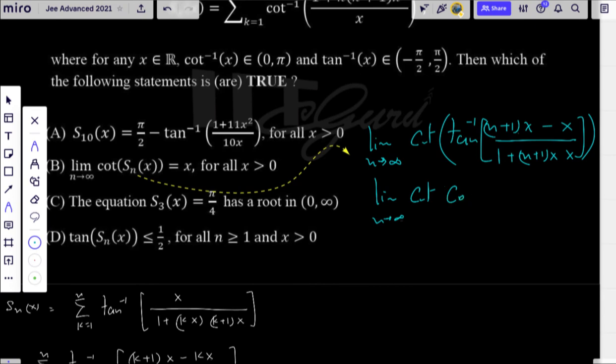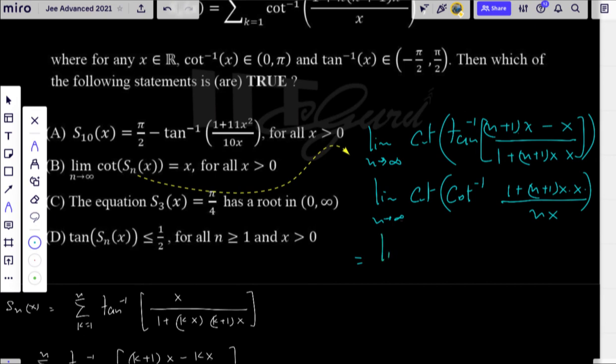Let me write properly, cot inverse. And this numerator will become the denominator. So x cancels, and in the denominator nx is only left, and the numerator is 1 plus (n plus 1)x into x, right? And this is cot of cot inverse.